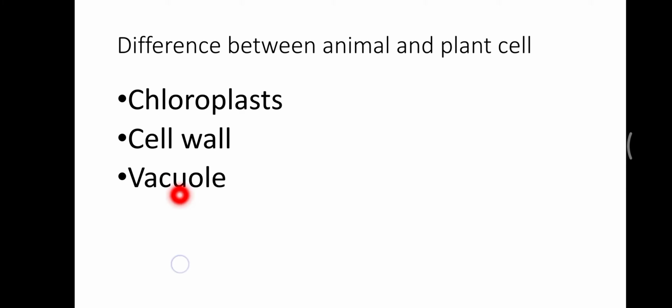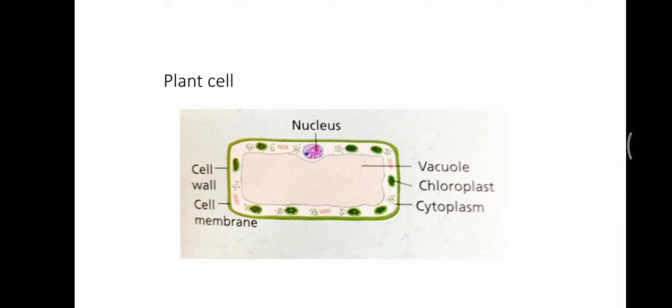The third part for discussion is the vacuole. In a plant cell, the vacuole almost fills the entire cell. This whole large portion filling the central space of the plant cell is known as the vacuole.